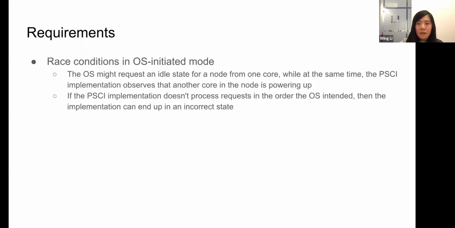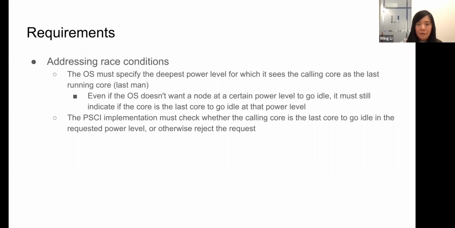cluster state. And so the main thing that we have to do in terms of validation in the PSCI implementation is that, one, the OS has to specify the deepest core state that it sees, the calling core, as the last man.